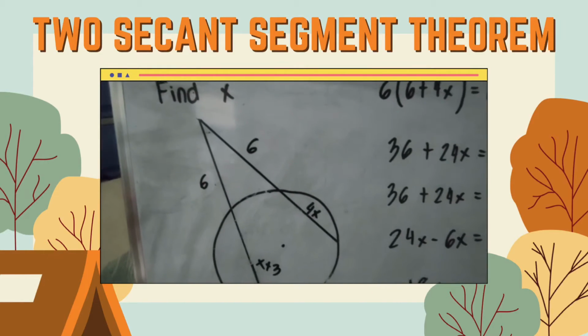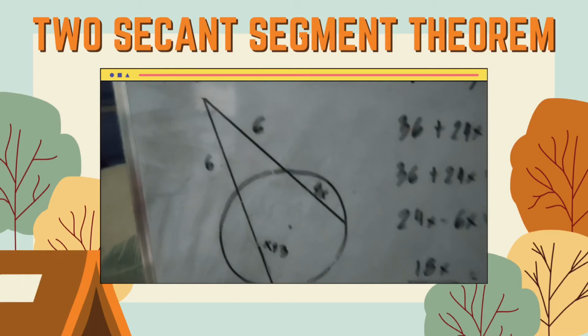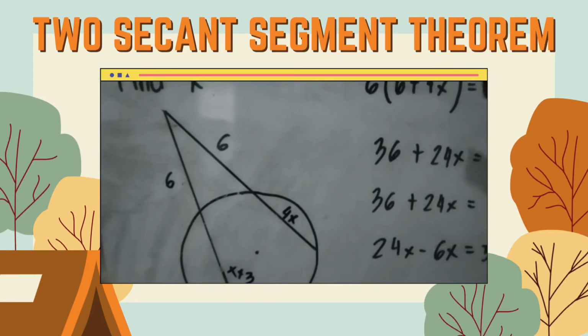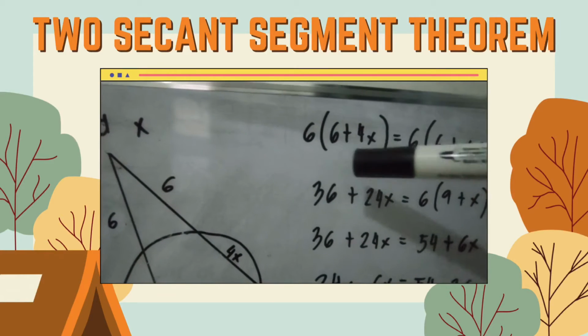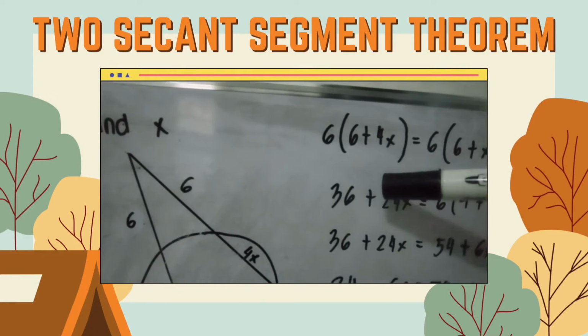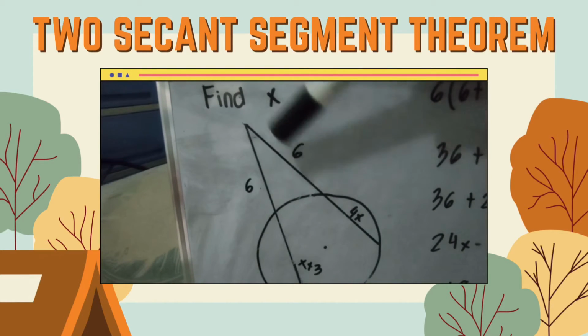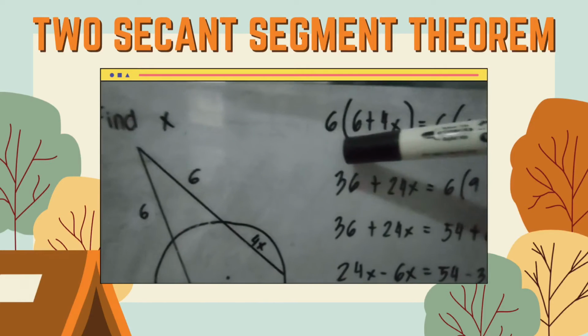So let's repeat. The total length of the secant segment, which is 6 plus 4x, times the external part of the segment, which is 6.